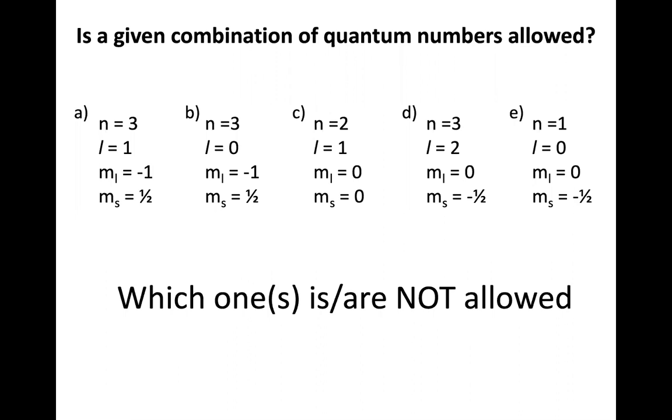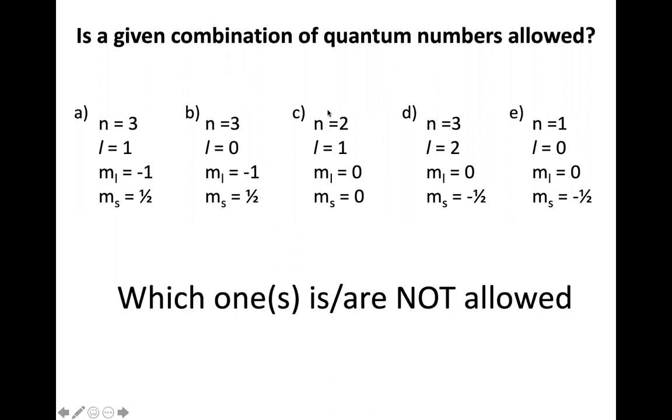I agree with that. You can have a 3s orbital, s because L equals 0, but then you can't have an m sub L value of -1, because if L equals 0, m sub L must also equal 0. So I agree with you. Choice B seems flawed for that reason.